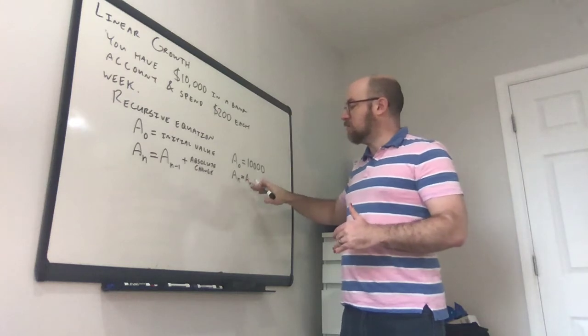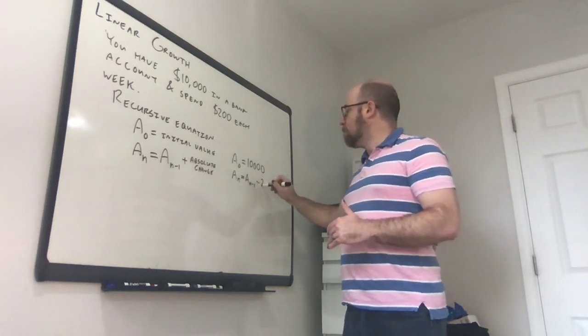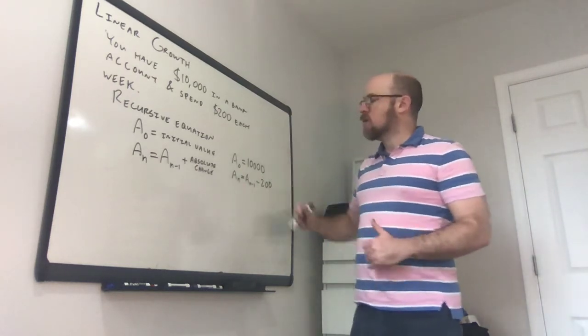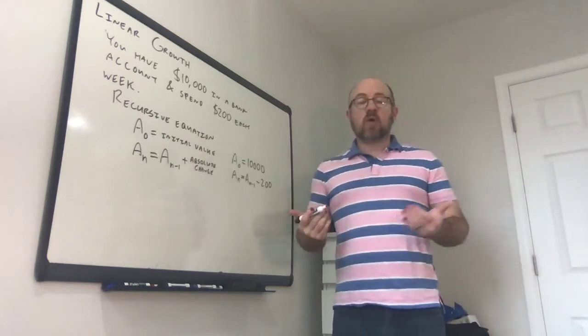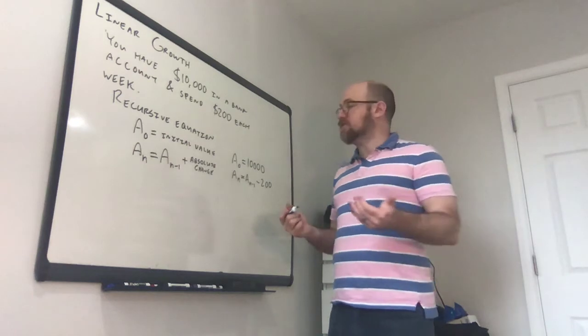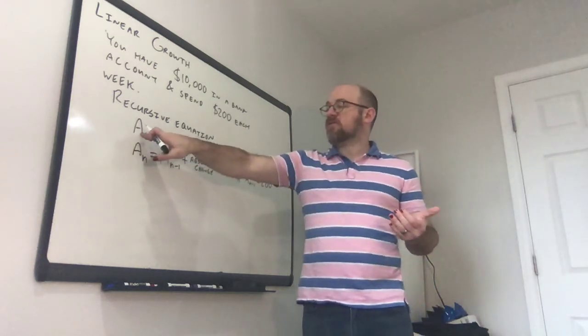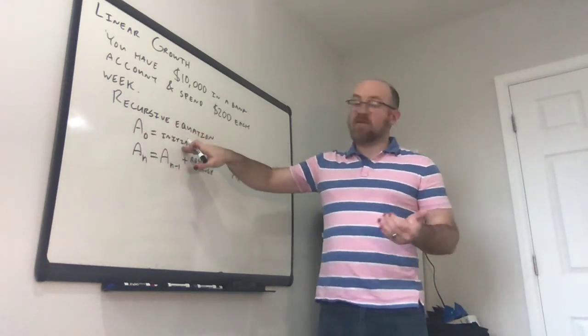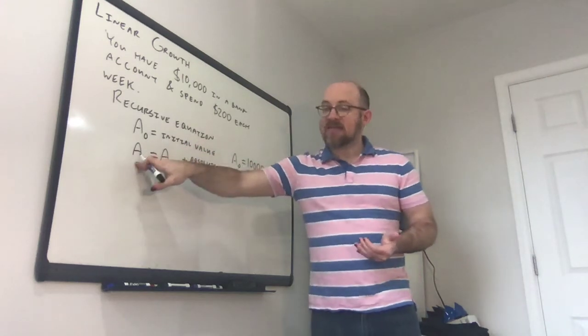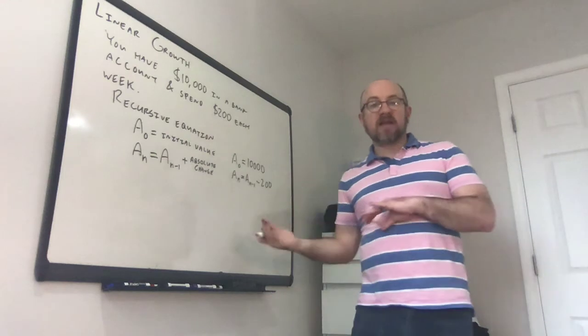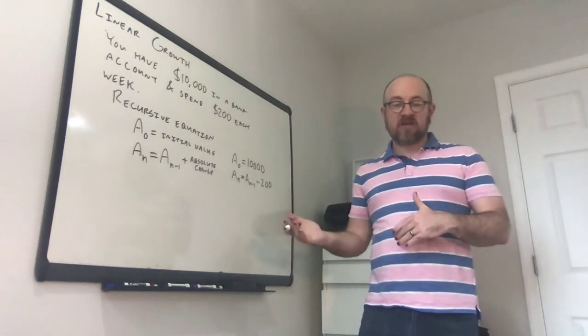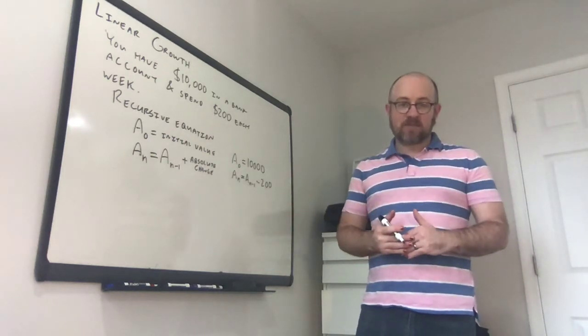So the current value is equal to the previous value minus 200. We call this the recursive equation, okay? And what you're going to do to write down a recursive equation for anything, it's always going to be in the form a sub 0 equals whatever your initial value is, a sub n is equal to a sub n minus 1 plus or minus whatever your absolute change is from one step to the next, okay?